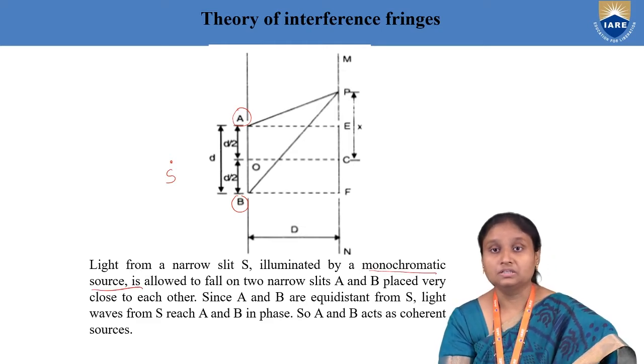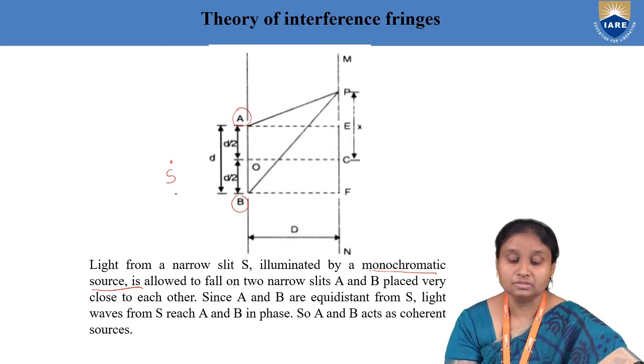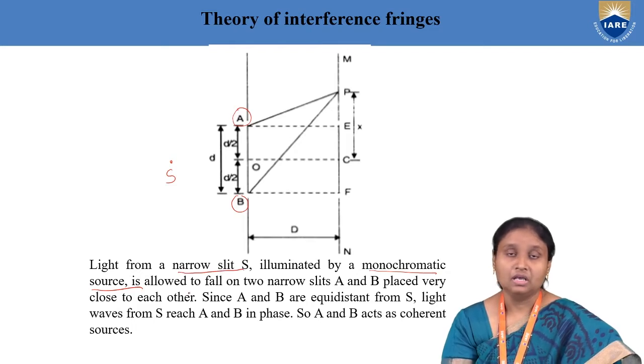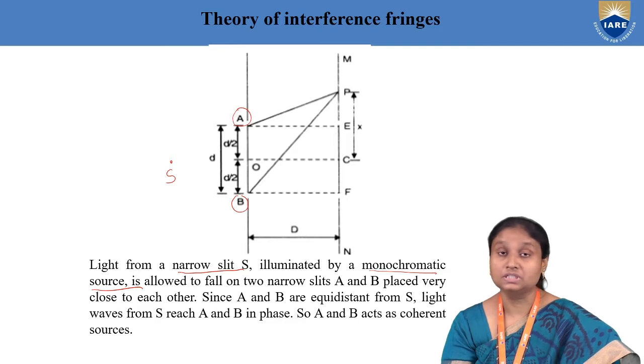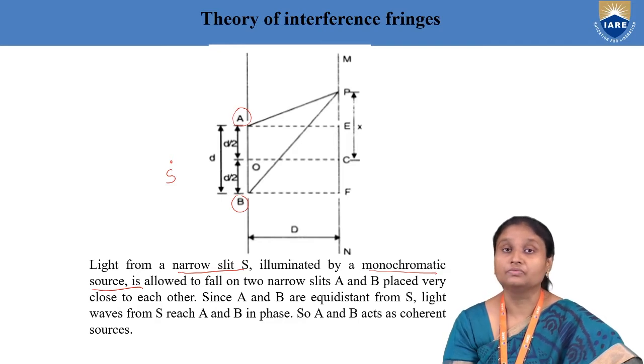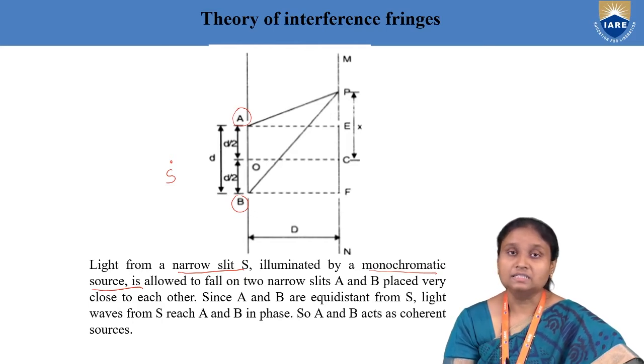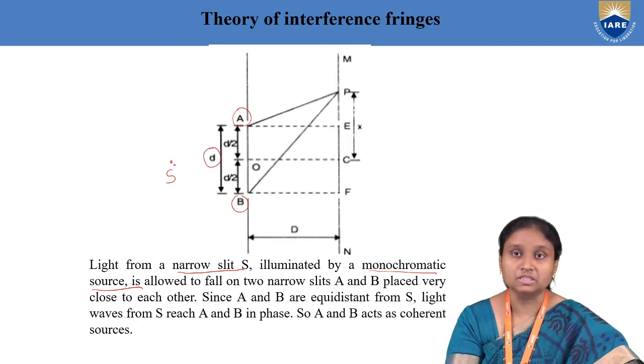Light from that source is made to pass through two pinholes or two narrow slits, A and B. These A and B should be very close to each other, and these two slits should be very, very narrow. The width of these slits should be very, very small, and A and B are kept very close to each other, and the distance of separation between these two coherent sources is represented by small d.